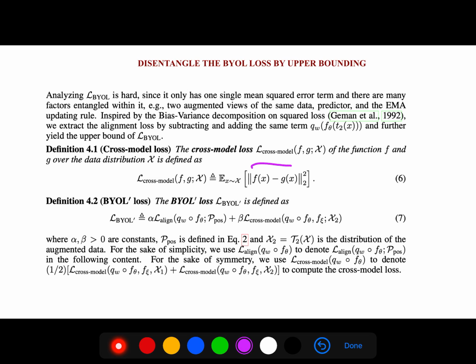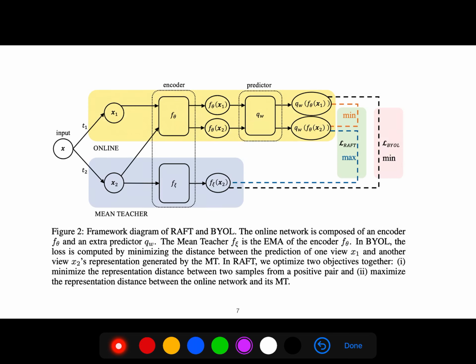So the BYOL prime loss could be just using the align loss and the cross-model loss, which is described here, over the distribution of the augmented data.